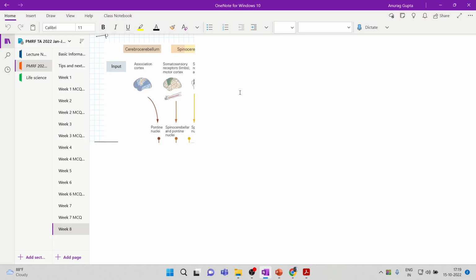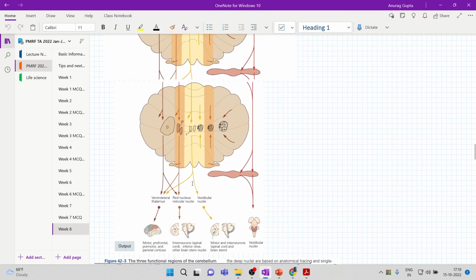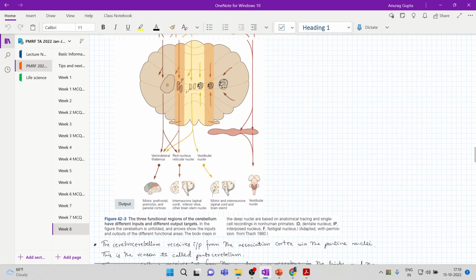This is the cerebellum and it does not output directly to the spinal cord. It outputs via the vestibular nuclei and, in this case, the red nucleus to the interneurons in the spinal cord, but not directly. So that is why that second option was wrong.